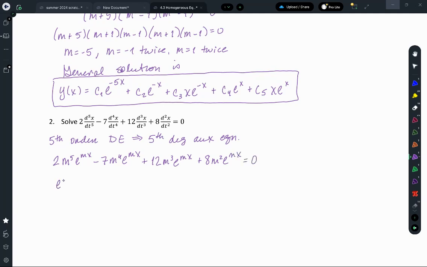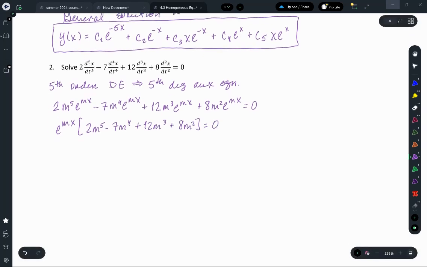Factor out the e to the mx, leave behind 2m to the fifth minus 7m to the fourth plus 12m cubed plus 8m squared equals 0. Okay, so the e to the mx is never equal to 0.